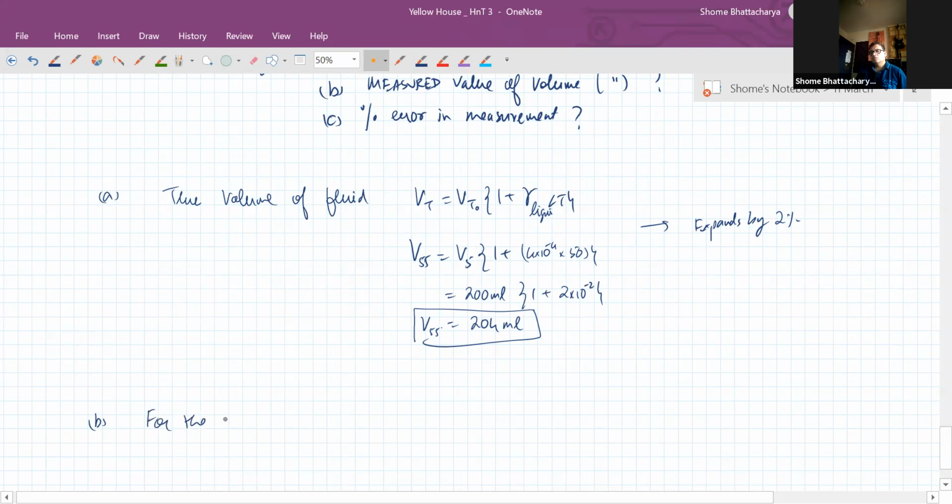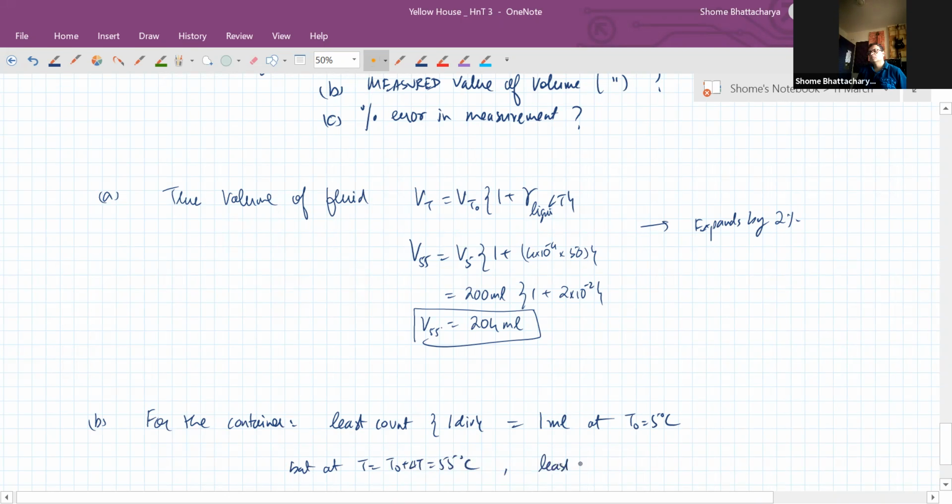For the container, the least count, that is the volume of one division, was equal to 1 milliliter at a temperature of 5 degrees C. But the least count at 55 degrees C will become 1 milliliter into 1 plus gamma of glass into delta T. Okay.